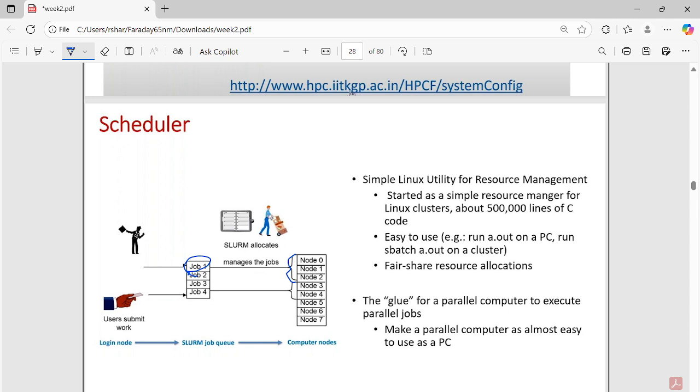Slurm is the manager, and it sees what your requirement is, and based on the free nodes, it provides them. Say this job asks for 3 nodes, then it allocates the 3 nodes if there is availability.